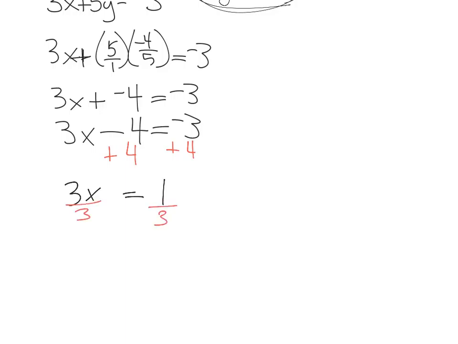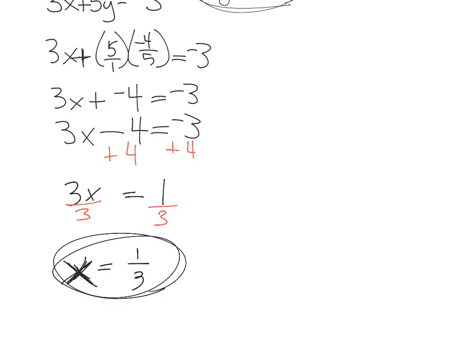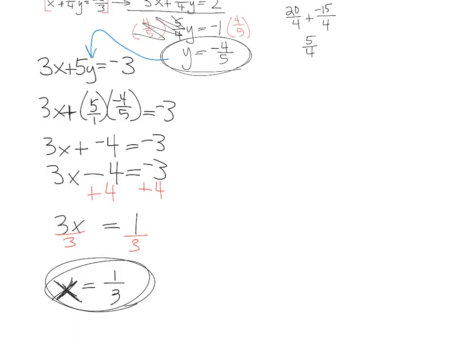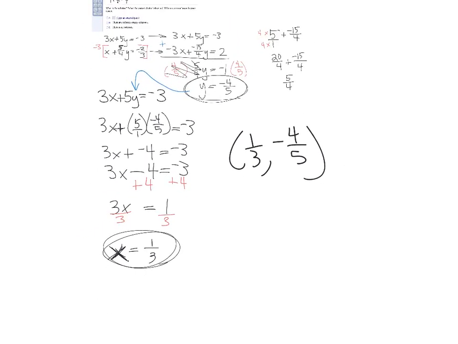So now we have our two coordinates. We have x is equal to 1/3. Let's see, I'm going to write it over here. We have x is equal to 1/3, and we have y is equal to negative 4/5. Now where did I get that? It's right there. So there is our intersection.